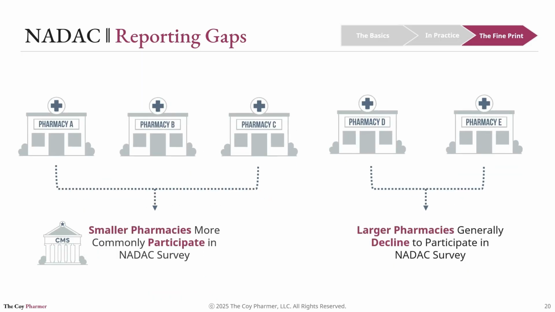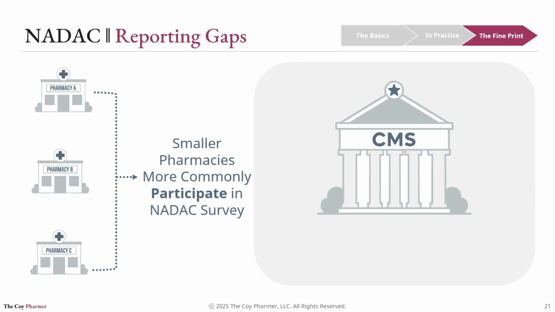What tends to happen, and what we tend to see in the industry, is that smaller pharmacies or maybe local chains commonly participate in the survey, and larger pharmacies decline to participate in the NADAC survey. This leads to a skew in the index, where NADAC really captures the pricing for smaller pharmacies, but doesn't necessarily reflect what the larger pharmacies are able to purchase products at.